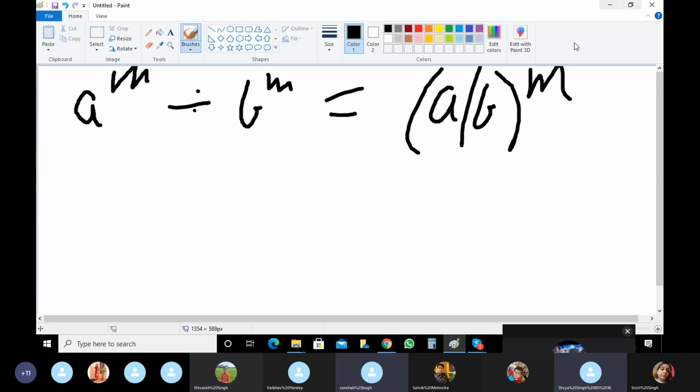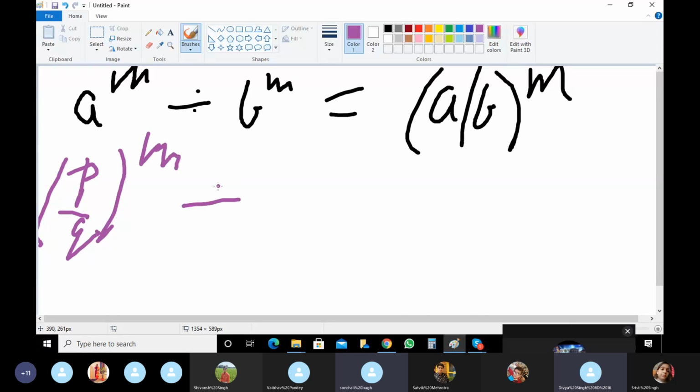Right or wrong? Now let's try for (p by q) to the power m divided by (r by s) whole to the power m.